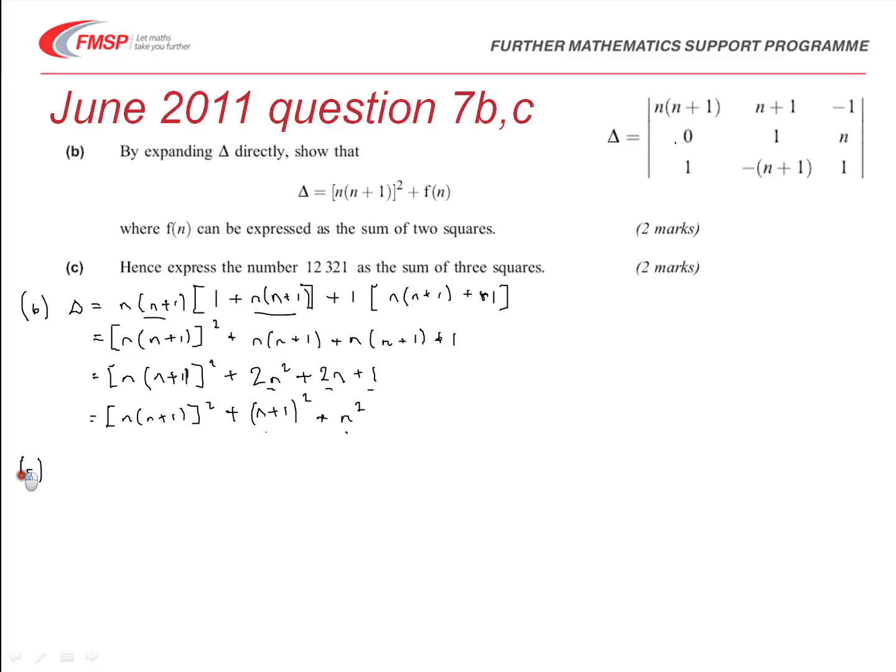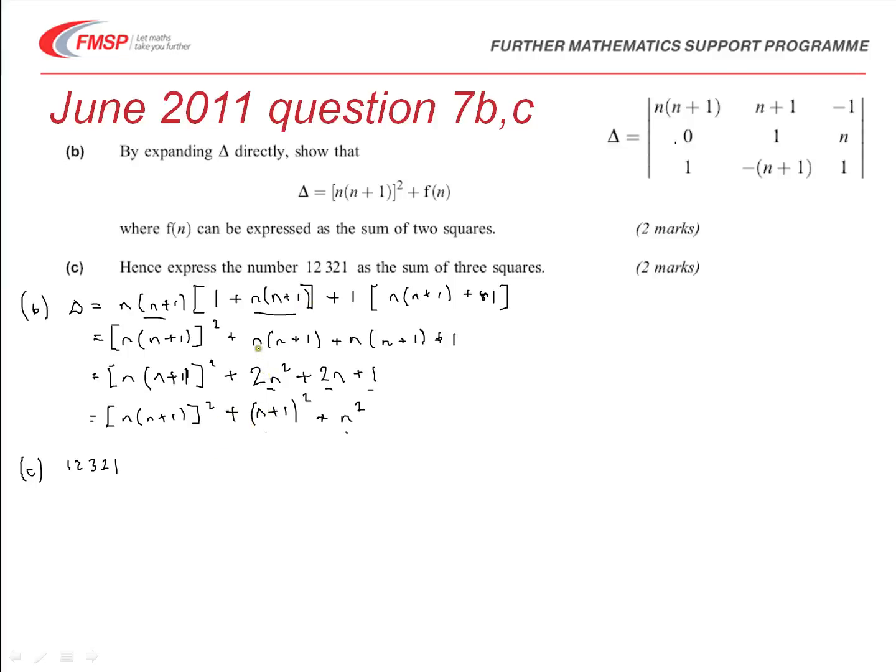Finally, in part C, it says hence express the number 12321 as the sum of 3 squares. What have we got?